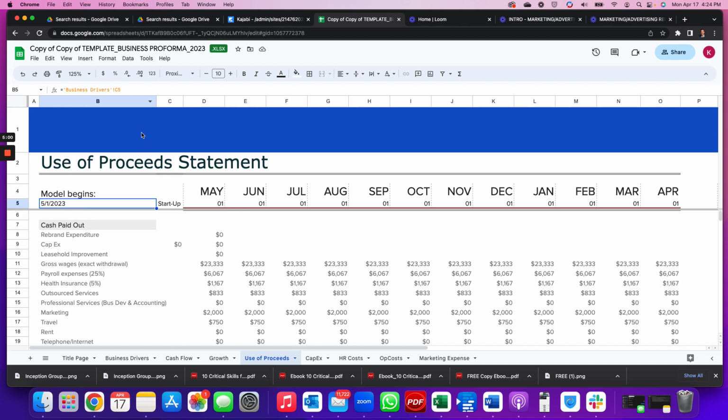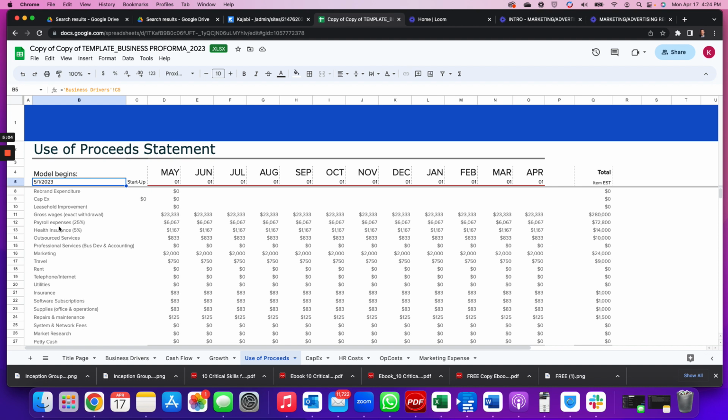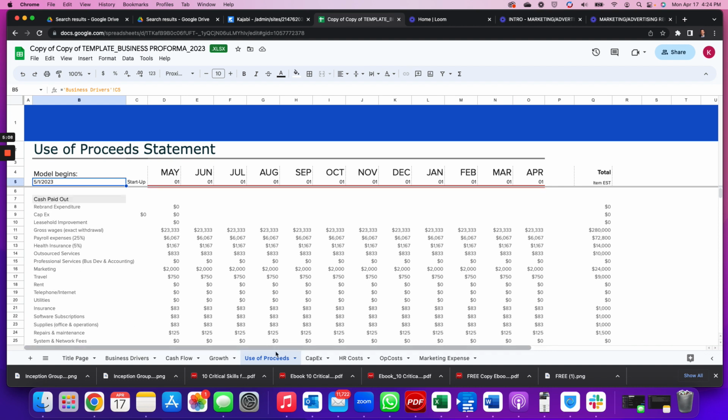What you're looking at right now, let me give you a full picture so that you can see what we're looking at here as a whole. This is kind of a summation of all of the expenses we just identified. Again, we identified marketing and advertising dollars that we're spending to get in front of the right eyes. Then we identified everything that it costs us to operate on a monthly basis.